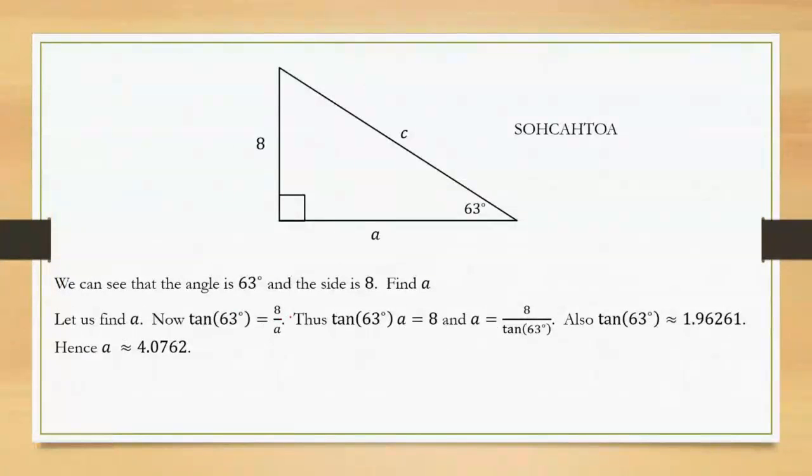So here we want to multiply by A. Let's first multiply, like so. And now what does that do? Well, that cancels this A. So we're left with 8 equals tangent of 63 degrees times A, but we want to know what A is.